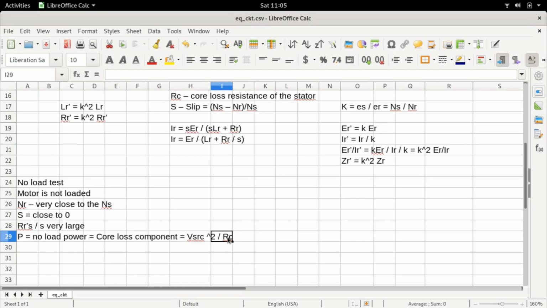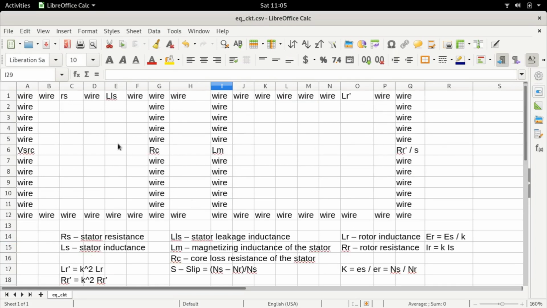Again, important to understand, there is a certain amount of assumption made. We are assuming that this drop is negligible. We are assuming that the no load power drawn by the machine is 0. There is some amount of no load power, because remember, no rotor can have 0 weight.